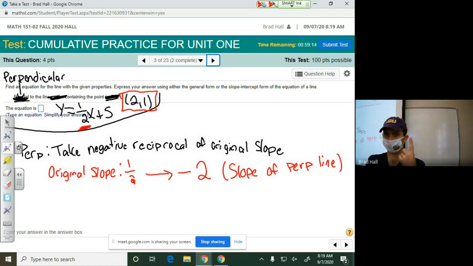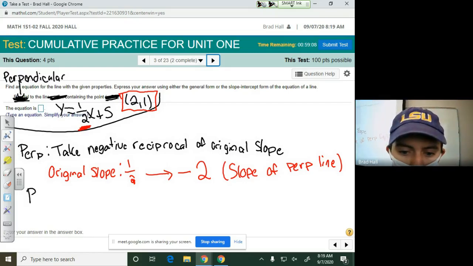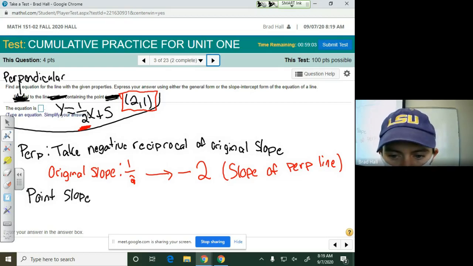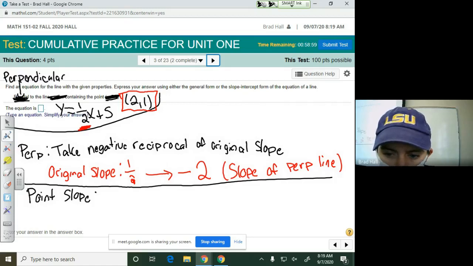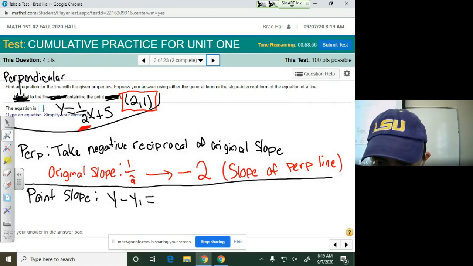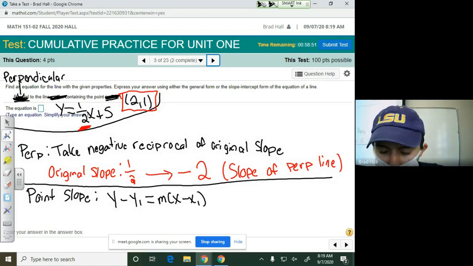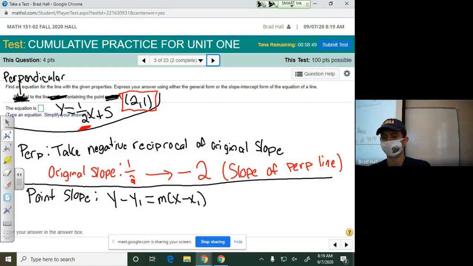So we have the slope, we have a point, you can use the point-slope formula, which is y minus y1 is equal to m times x minus x1. Just as a reminder, that's the formula.